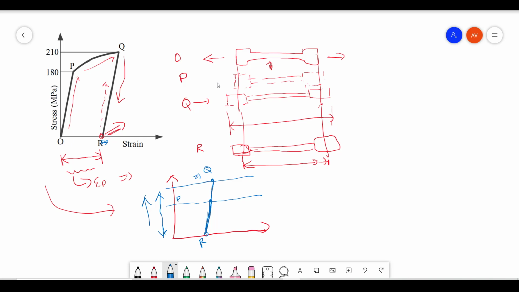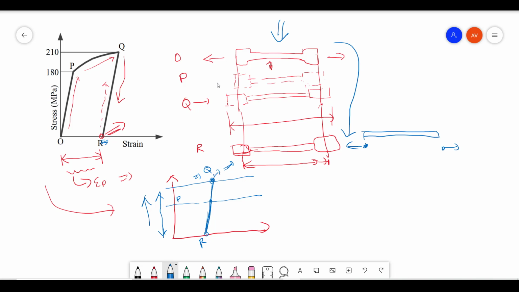It will start deforming only after this point where it was unloaded. That is the main reason. You can see that it was here like this, but you have already reached a stage which is elongated so much. So when you load it until you reach this point and elongate it further, it won't deform. That is point Q. It will reach point Q, it won't deform till then, and then the deformation starts.